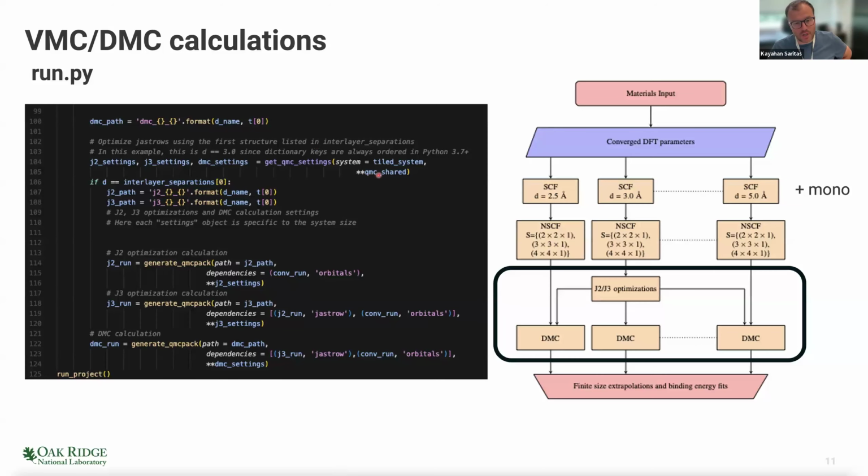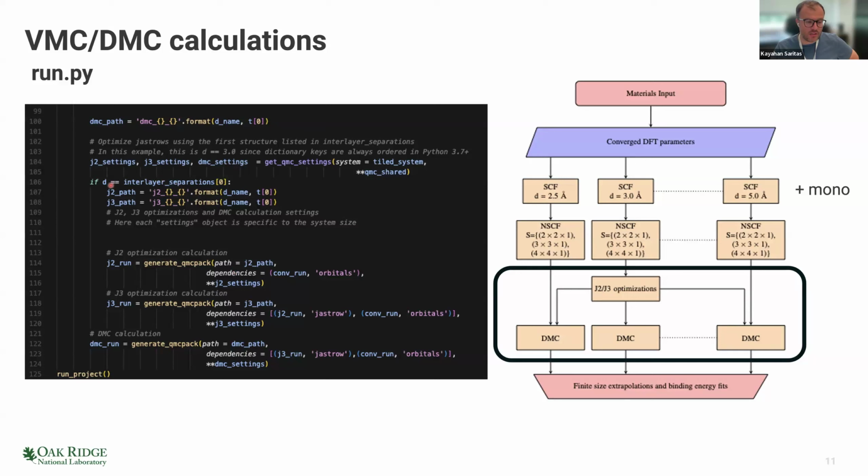But the QMC shared options were defined as system size independent, and they can be reused, which are basically the hybrid representation parameters. And so once you provide this, you will get all the different settings for J2 and J3 calculations or DMC calculations that you want to perform on that system.